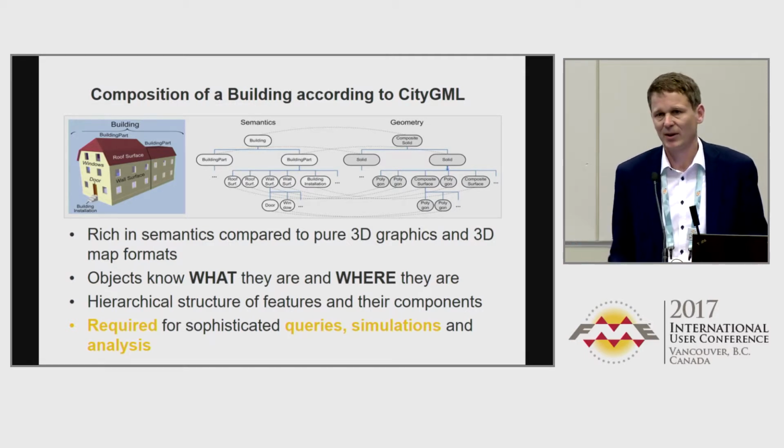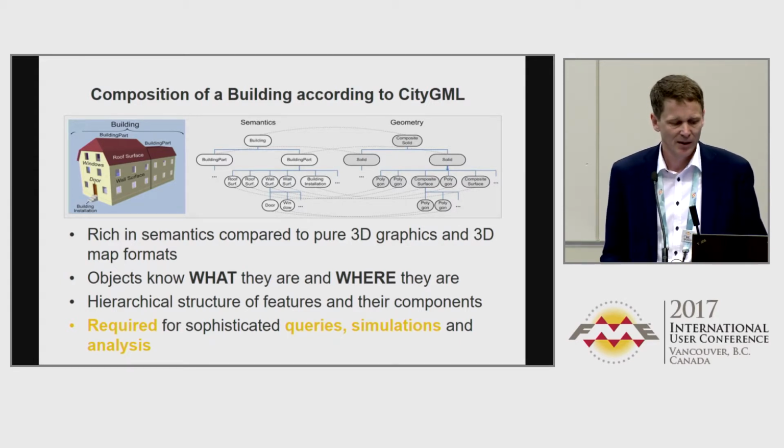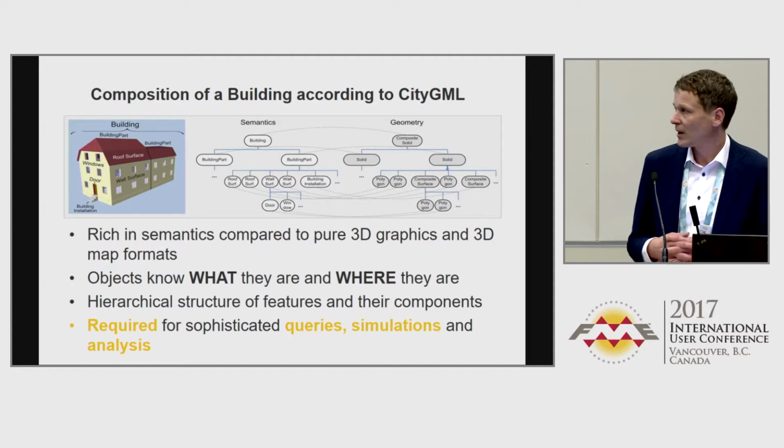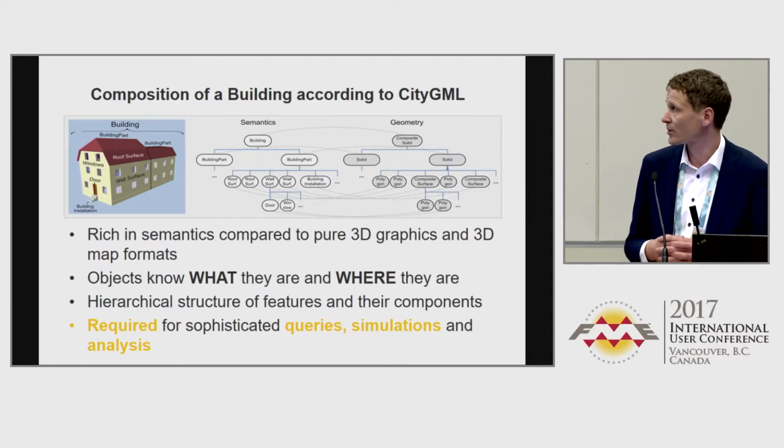What we see is a building. In CityGML, we can decompose this building into its surfaces, which are wall, roof, and ground surfaces. And within a wall surface, you can also have windows or doors.